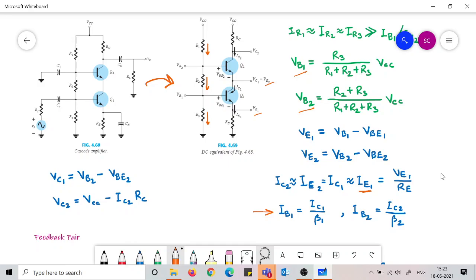We also have to find out VC2, and then we can find the VCE of the second transistor and of the first transistor. VC2 would be VCC minus IC2 RC, simply that much. IC2 we have already figured out, so we can calculate this also. In this way we solve the cascade configuration.